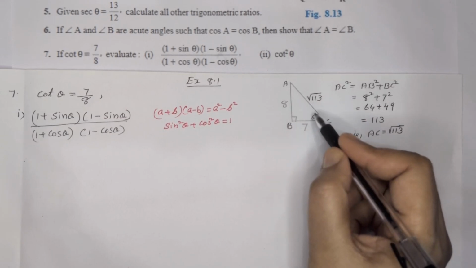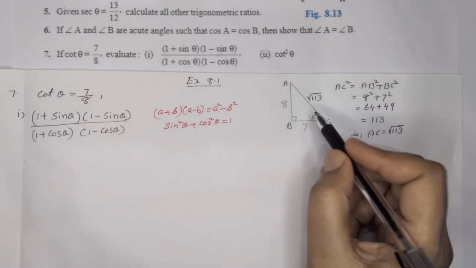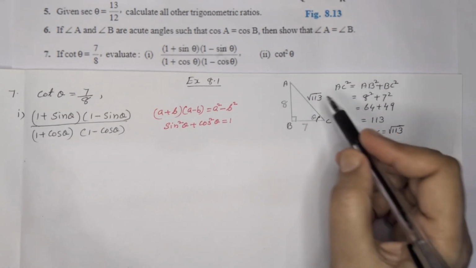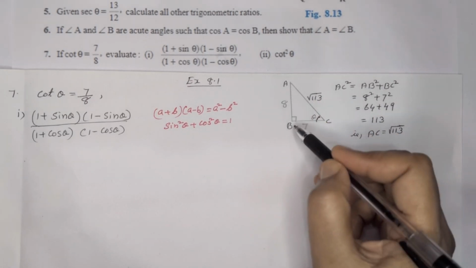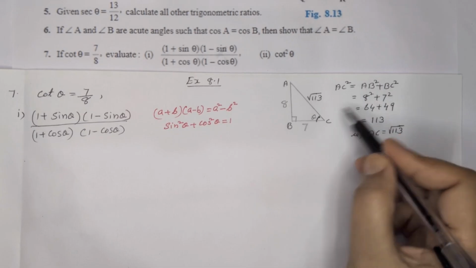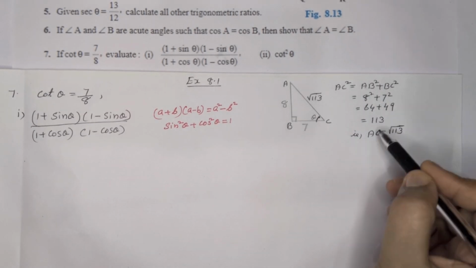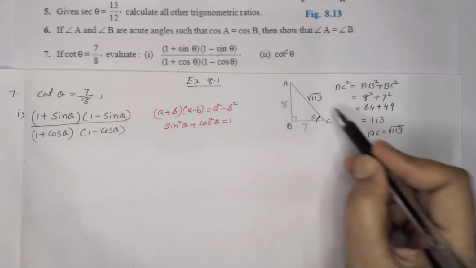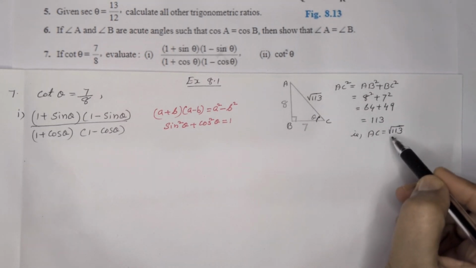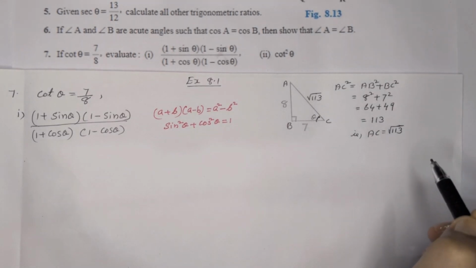Then to find the third side, hypotenuse, by Pythagoras theorem, AC square is equal to AB square plus BC square. That means 8 square plus 7 square, 64 plus 49, 113. So AC, hypotenuse, is equal to root of 113.